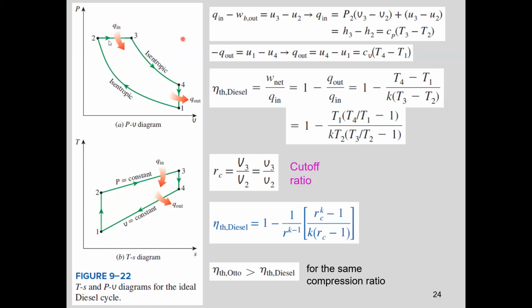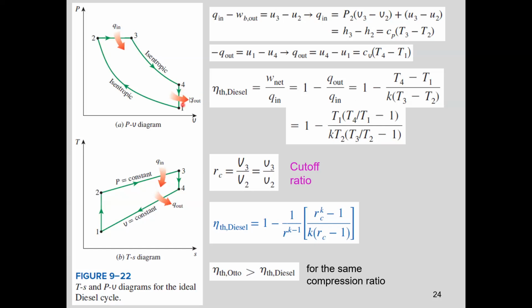And you can write that between 2 and 3. This is the constant volume heat addition process. If you write it, you can solve for Q in, and the Q in will be internal energy difference plus the boundary work output.